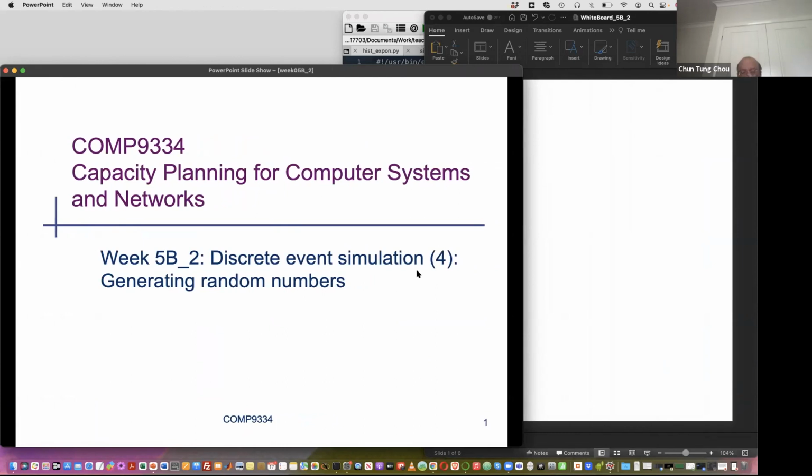This is the last part of the discrete event simulation that we're going to talk about, and it is on generating random numbers.